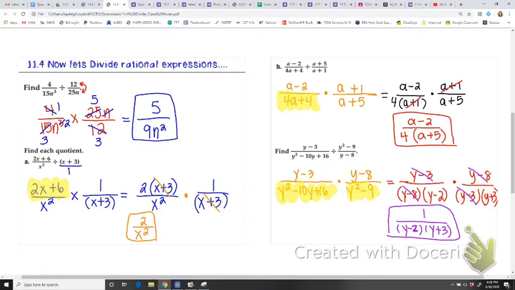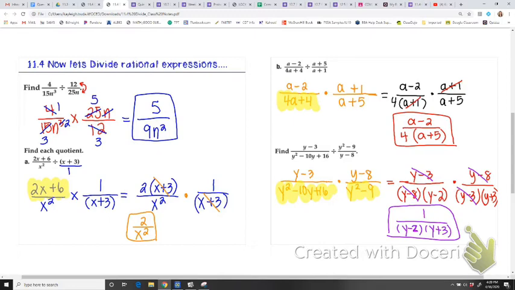The next example underneath, again, keep, change, flip, multiply by the reciprocal. The trinomial in the first denominator can factor into y minus 8 and y minus 2. And once you take the reciprocal of the second one, that denominator, y squared minus 9, is a difference of squares. So again, you need to be able to recognize that and know that that factors into y minus 3 and y plus 3.